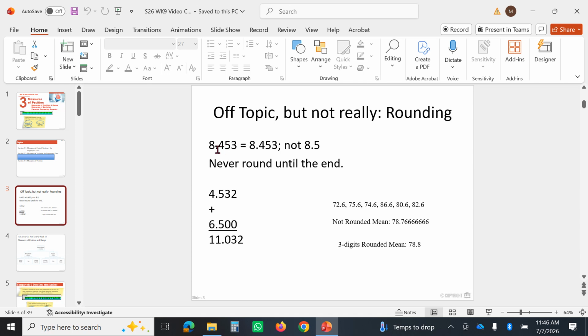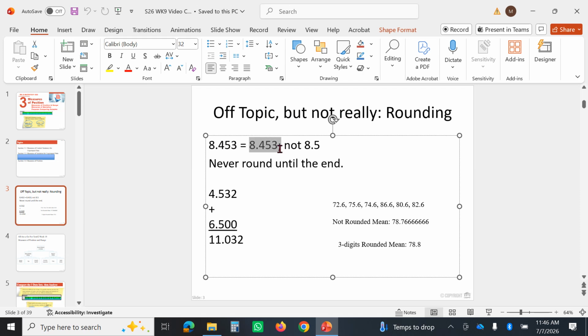Like this example, 8.453 is equal to 8.453, not 8.5. Rounding that up, you could, they're very similar, but they are not the same. I want you to carry a couple of decimal places on the assignment, and I'll show you where.